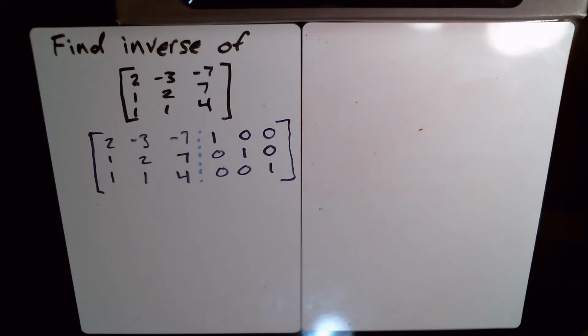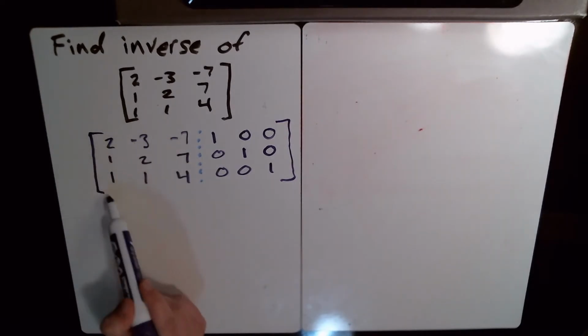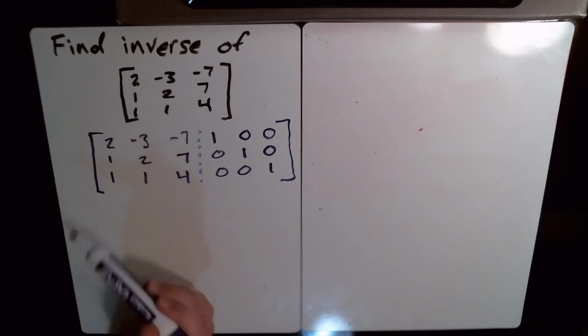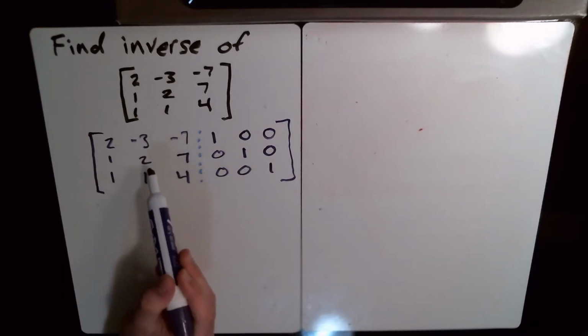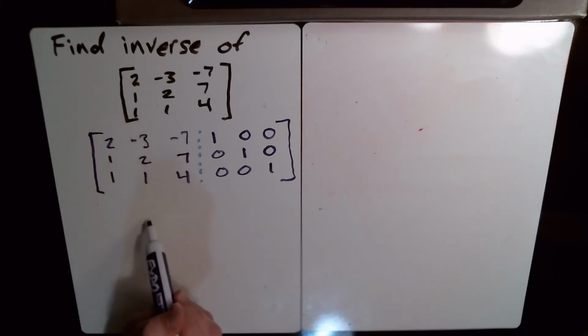just so that you can keep track of the two pieces of this matrix, okay? And so then our strategy is we want to do row operations so that I get the identity matrix over on this side, okay? So we're going to do row operations to the whole matrix and get the identity matrix on this part of it.